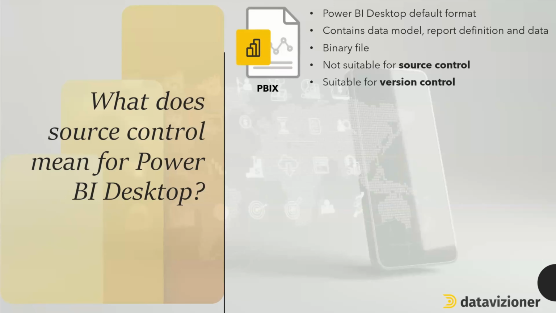The default file format is the PBIX file, which contains the data model, the report definition, and the data itself. Whenever we connect to multiple source systems, we can import the data into Power BI Desktop's data model, and it is cached. So the PBIX file contains the data model definition, the report definition, and the data itself.